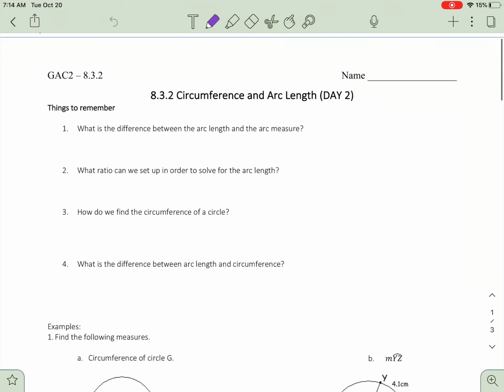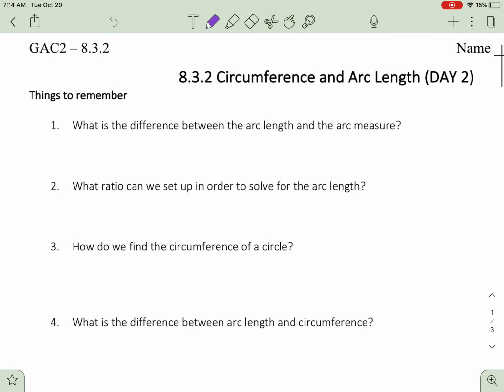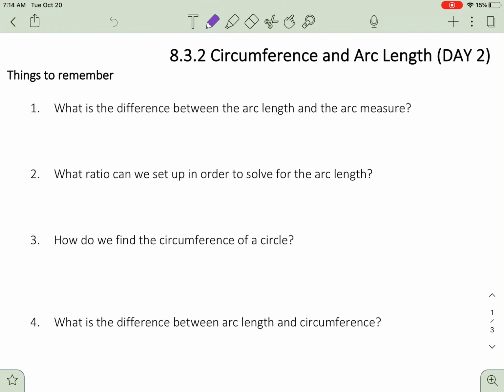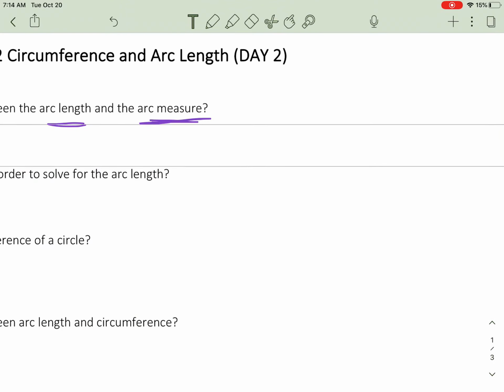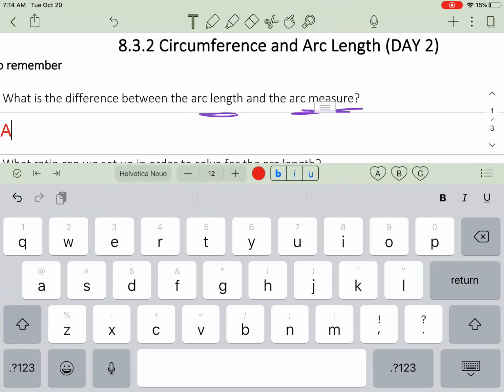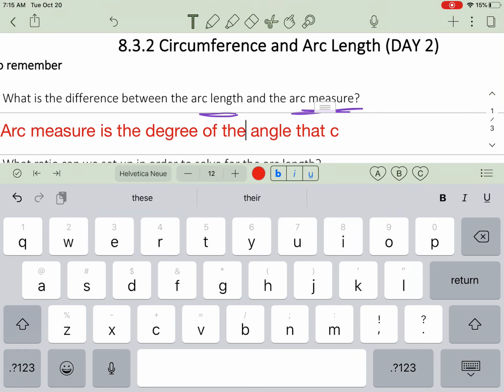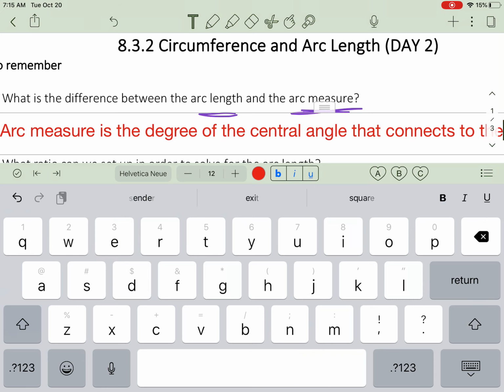All right, so today we're going to talk a little bit more about circumference, but before we get started, there's some things to remember. Number one, what is the difference between arc length and arc measure? Remember that we've done arc measure up until yesterday, and then we started talking about arc length. So arc measure is the degree of the central angle that connects to the arc.